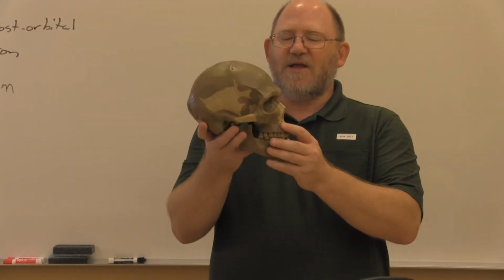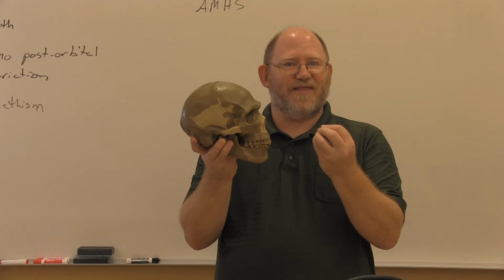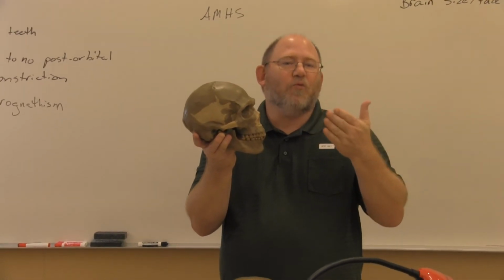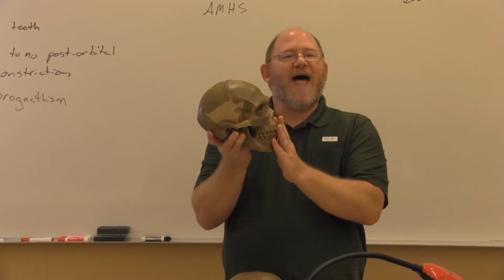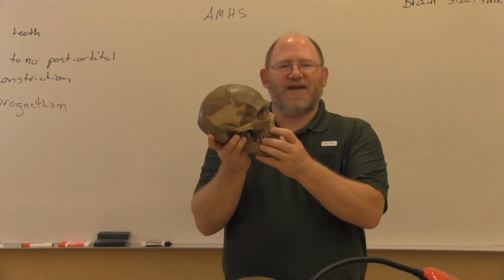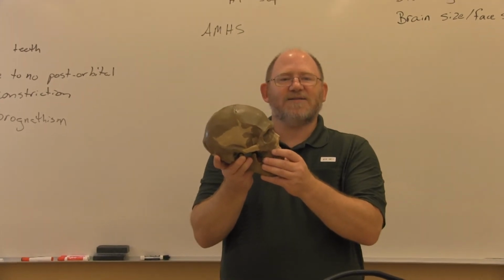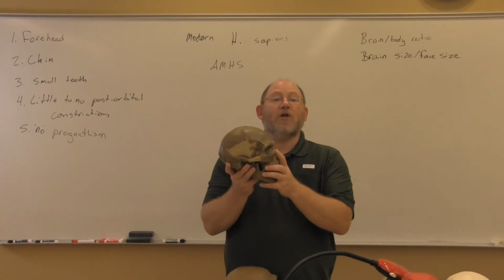Even with the early forms of anatomically moderns, there may be more prognathism than we see with most recent individuals, but still we have a flat face, and that is associated with a decrease in tooth size and the chewing musculature all around.